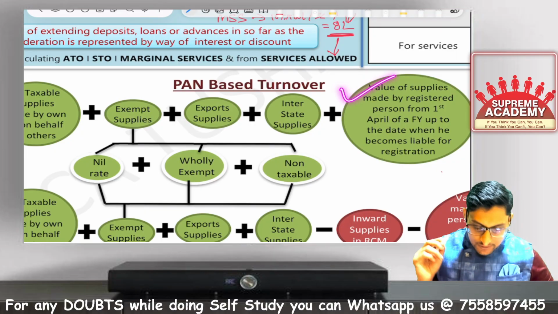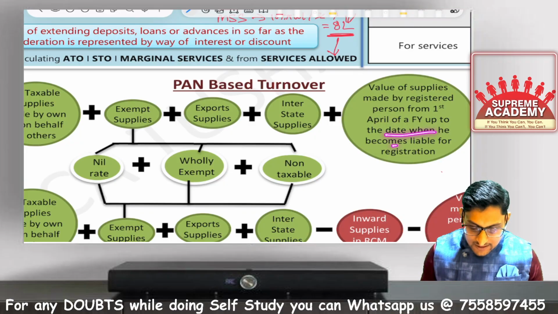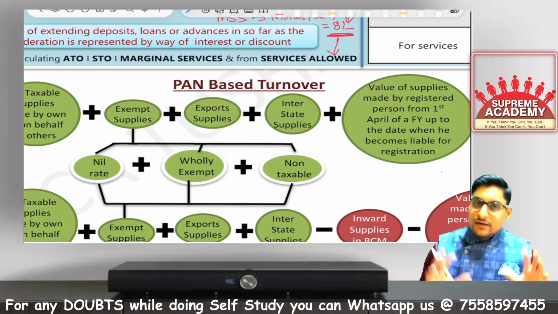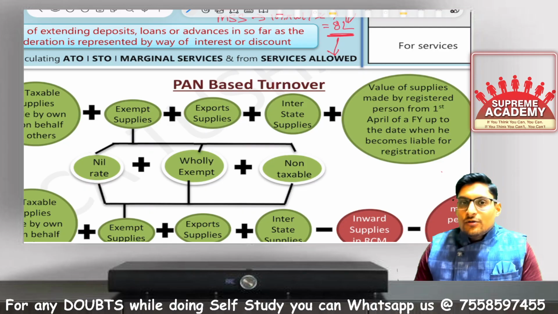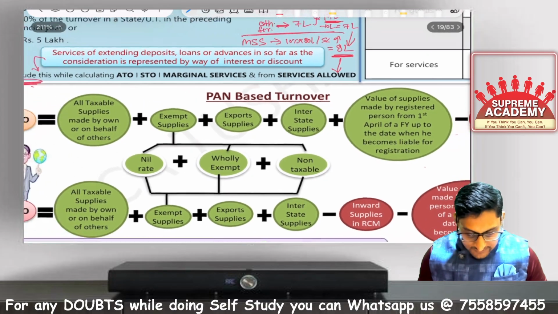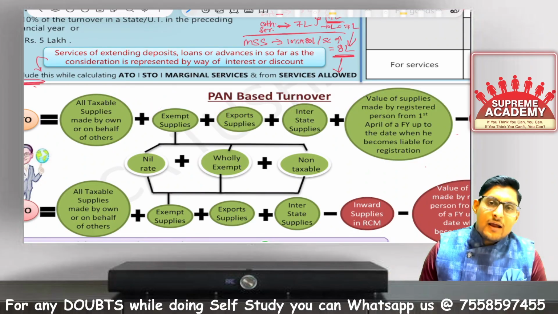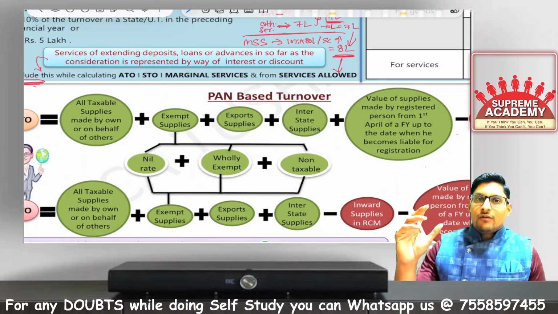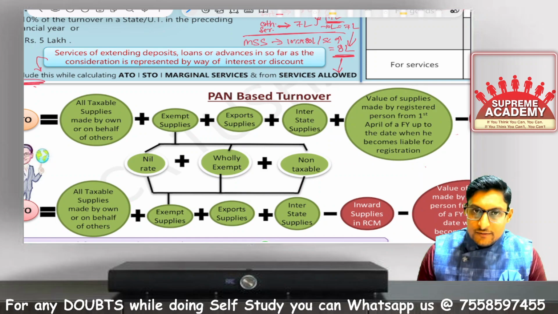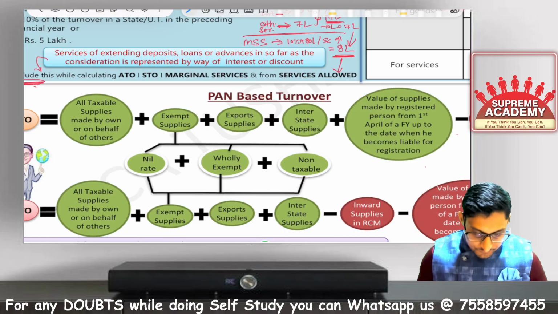The turnover from 1st April of the financial year up to the date he becomes liable for registration, that period also is going to be counted. So these things are to be added in the aggregate turnover. See, this definition of aggregate turnover I am telling you from the perspective of the whole Act, not for composition. What things are not needed in composition, we can remove afterwards.